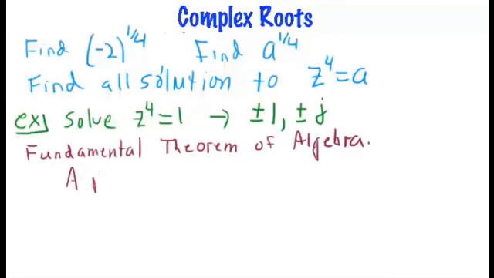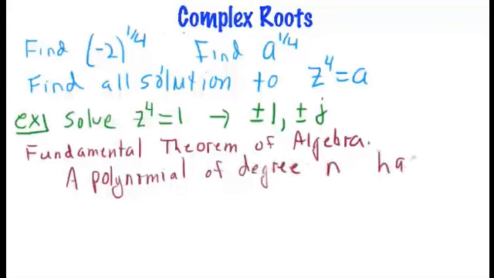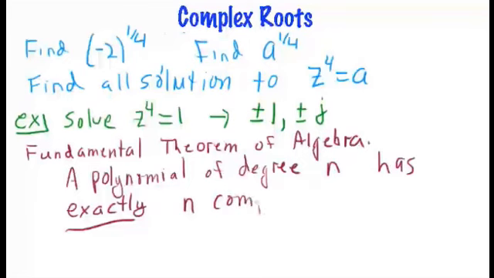A polynomial of degree n has exactly, no more and no less, n complex roots. So a quadratic has 2 roots, a cubic has 3 roots, a quartic has 4 roots, etc.